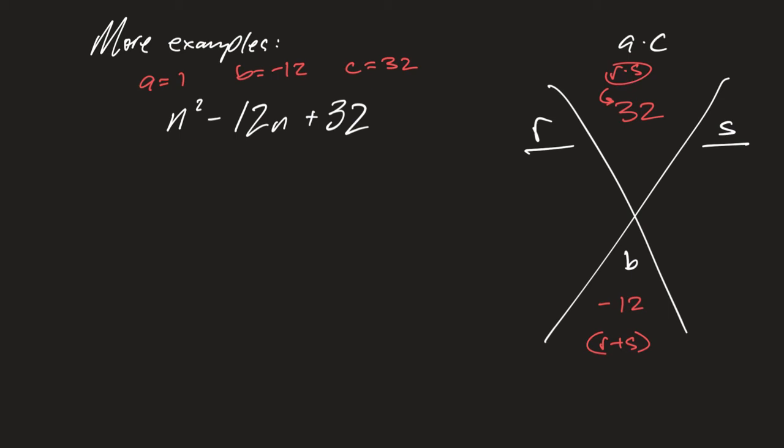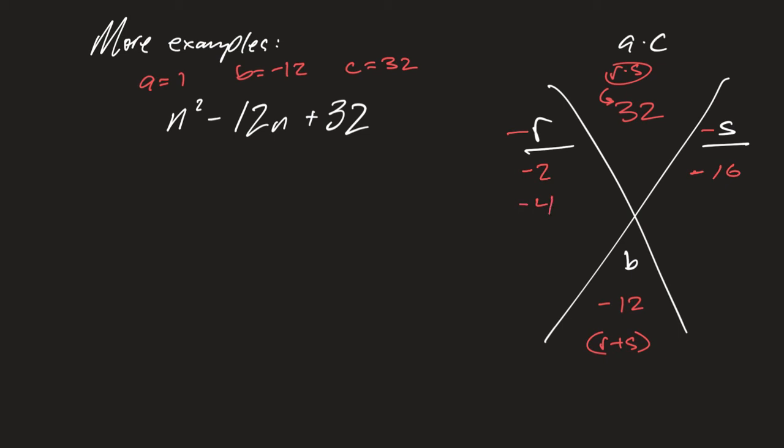Which is it? Let's look at B as our clue. If B is negative, when I add them together, they're negative. That means R and S are both negative numbers. So what are two negative numbers that multiply to 32 and add to negative 12? Well, negative 2 times negative 16 is 32.